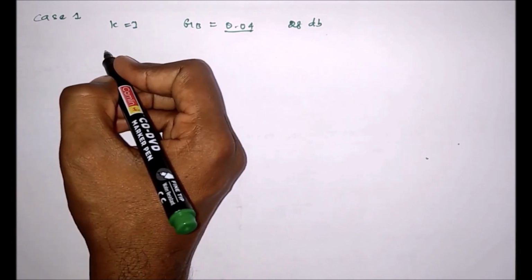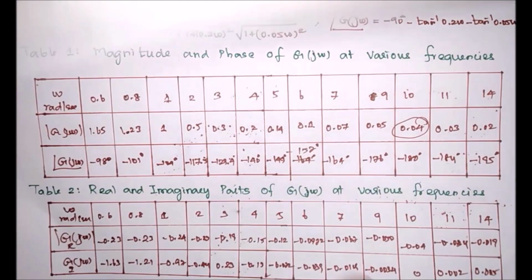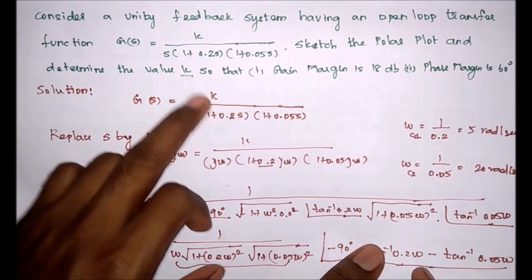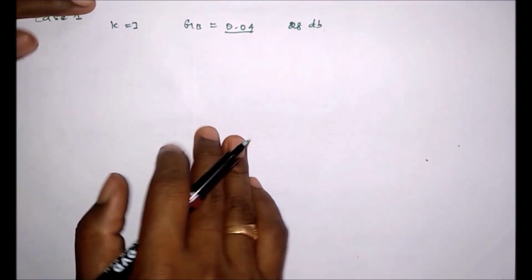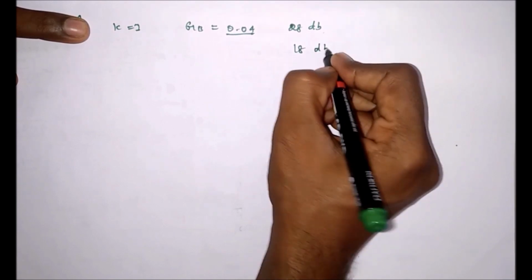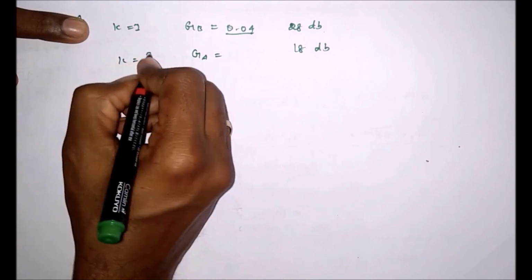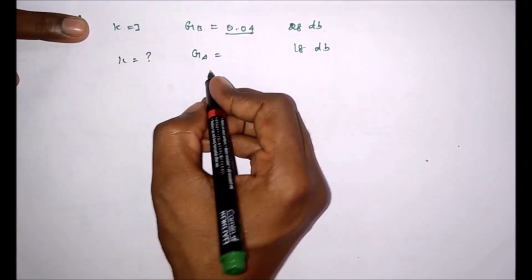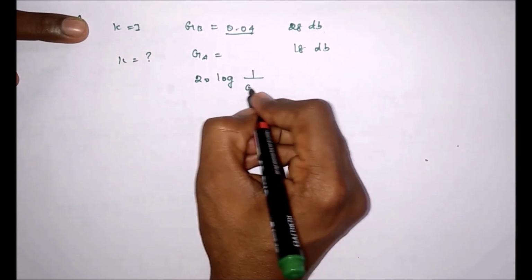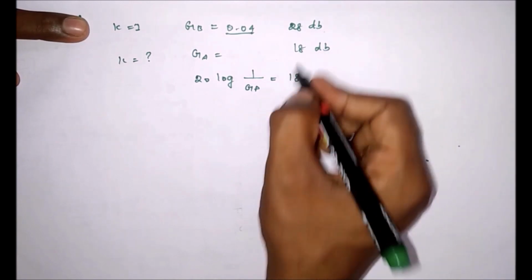Next, from the given problem we see gain margin should be 18 decibel, but what is the value of K? Here we have to get 18, then what will be the GA value, then what will be the K value. To get the GA value, we use this formula: 20 log 1 by GA equal to the new gain 18. It means required gain.